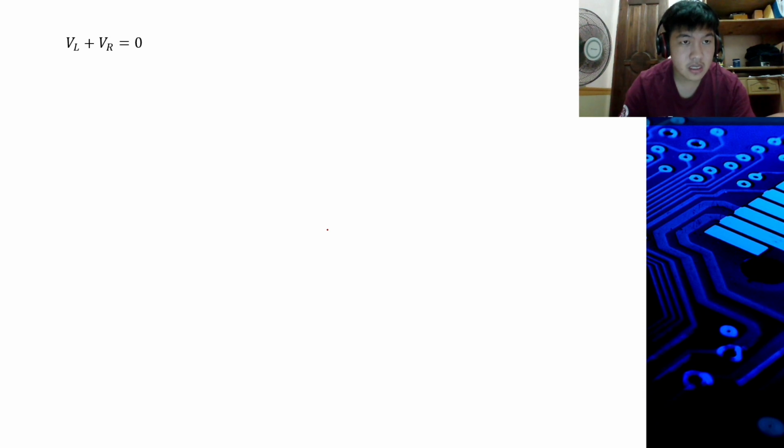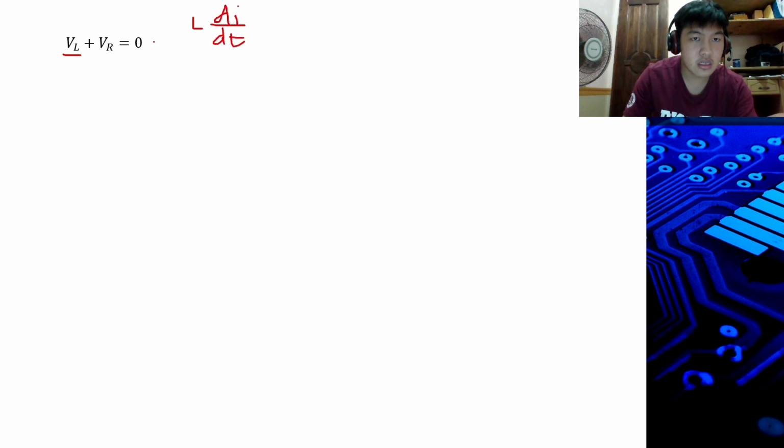If we evaluate V sub L plus V sub R, the voltage of the inductor is L di over dt, plus VR, which is IR.